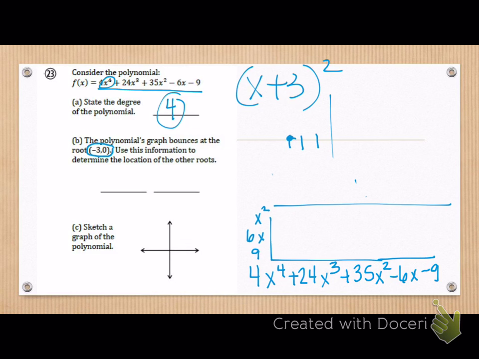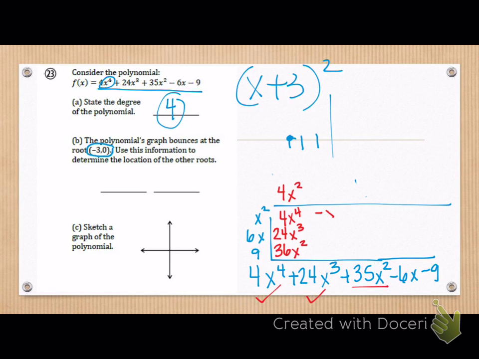I start off as always, and I'm going to use a different color. I'm going to put my 4x to the 4th up here. And I would need to have a 4x squared to make that happen. I would go ahead and just do my multiplication. So I have 24x cubed, and I have 36x squared. The one thing that I need is a 35x squared, and right now I have a 36.